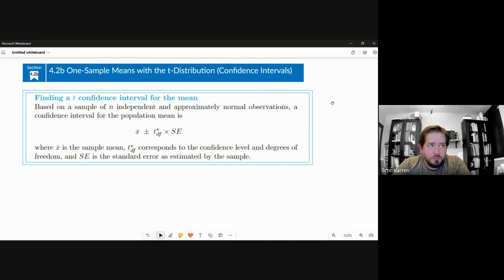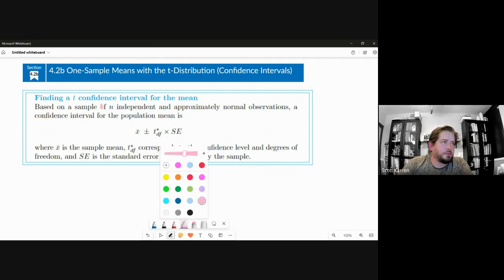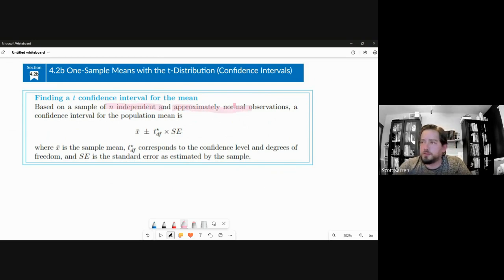So if we have n independent and approximately normal observations, right? And that approximate normal gets very loose with the t-chart, but a confidence interval is then, and again, this is what should look familiar.